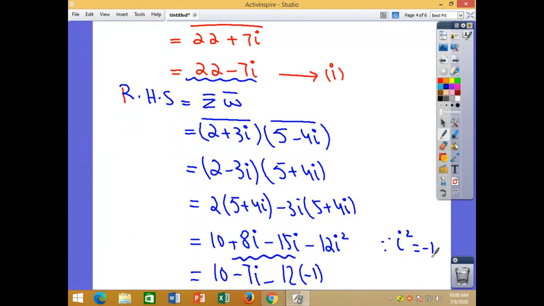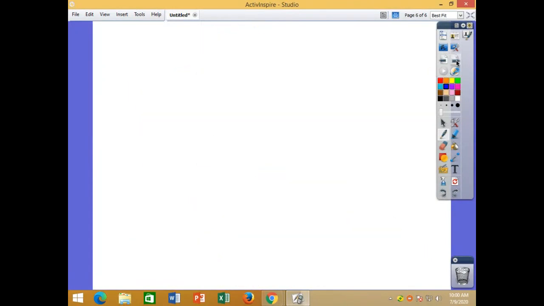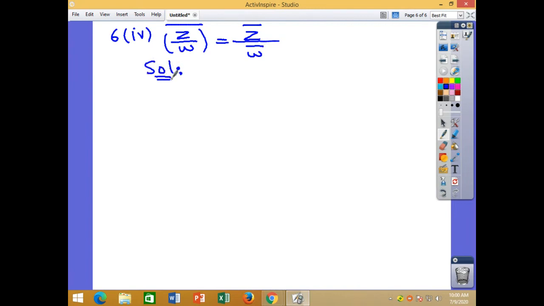Okay. Now we move on to the next question. Question number 6, part number 4. We see that (Z over W) whole conjugate is equal to Z conjugate over W conjugate. That is, we solve for the left hand side.